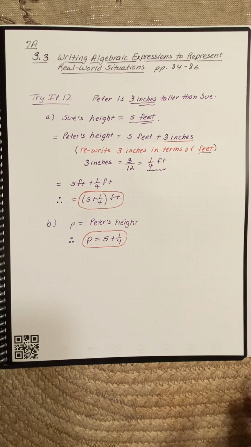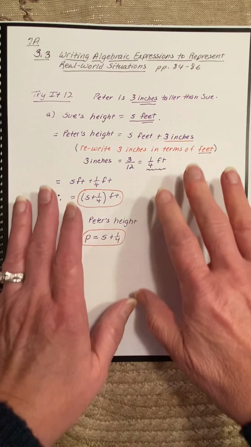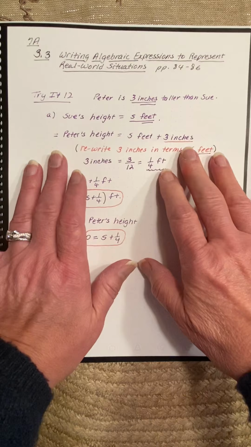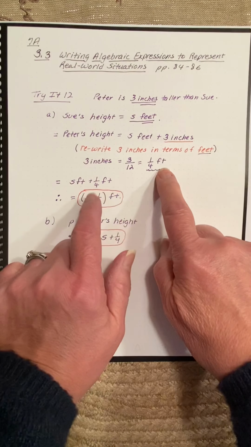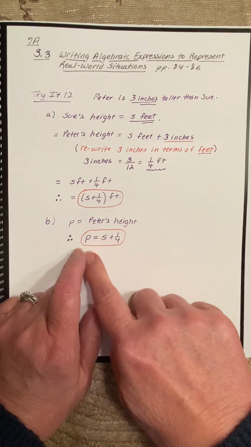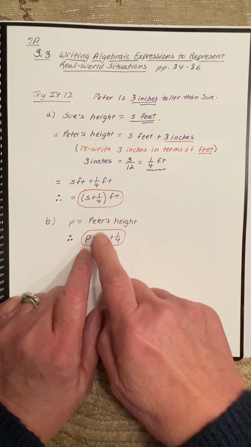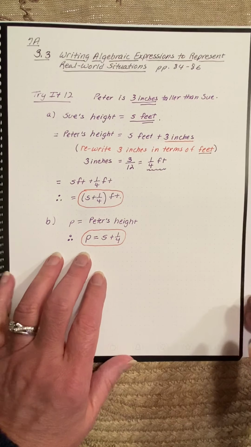And that's all they have us do in Try It 12. They just want us to read a situation, knock down what we have, get it in measurement terms if we need to, and then put it in a formula where we replace Peter's height, the words, with the letter P. Okay.